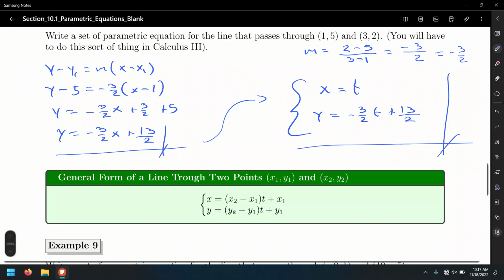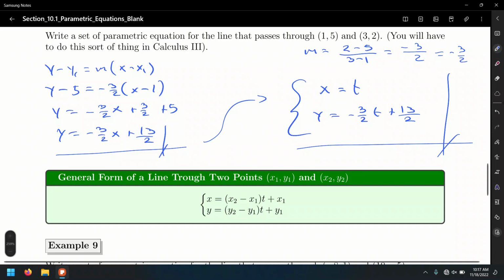For the y equation, subtract y2 minus y1, multiply by t, and add the initial value of y. For now, just try to memorize this formula. This is going to make a lot more sense when you get to Calculus 3, because these differences between the x's and the y's are the differences we perform to find the vector that relates the two points.